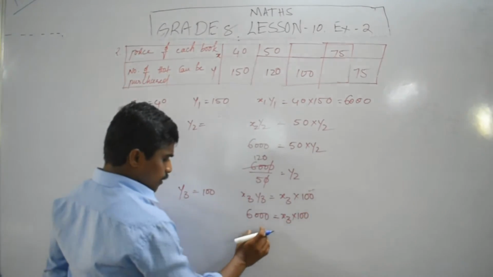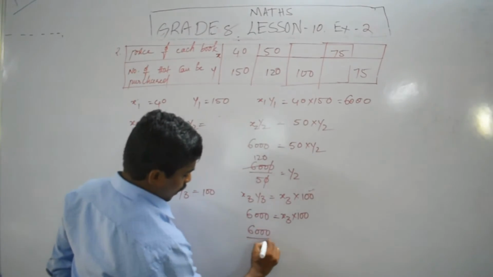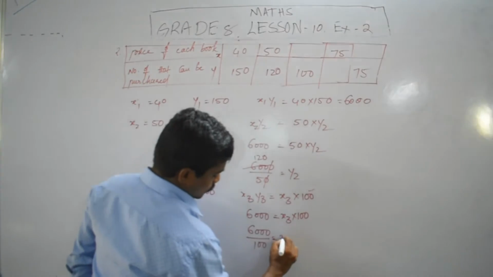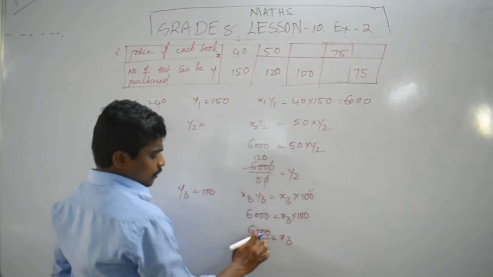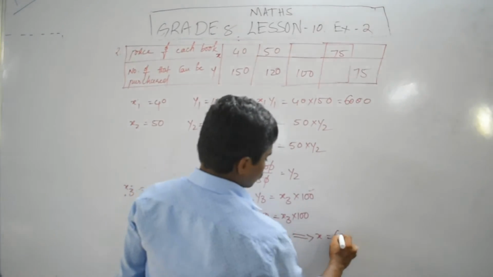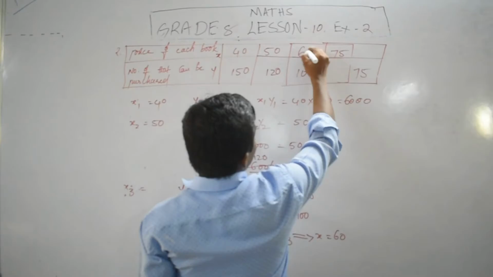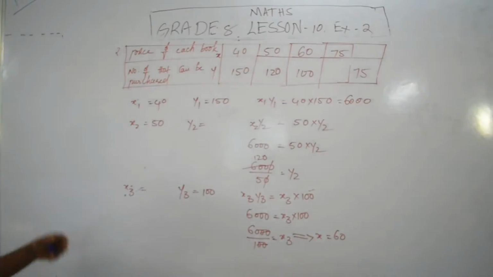So 100 moving this side, 6,000 by 100 is x3. 20 cancel. Now x3 how much? 60. x3 60. Here x quantity is increasing, y quantity is decreasing.